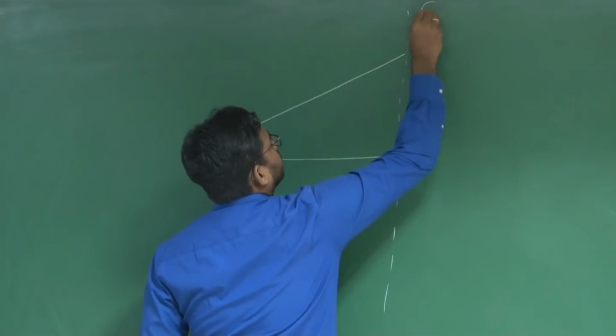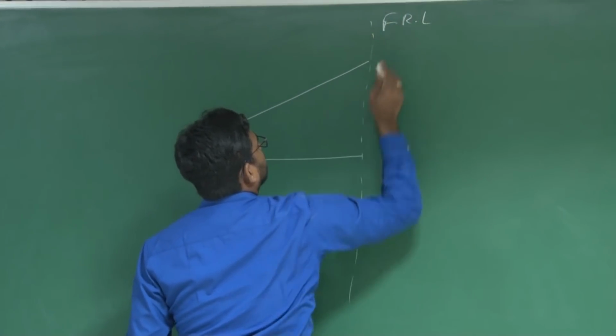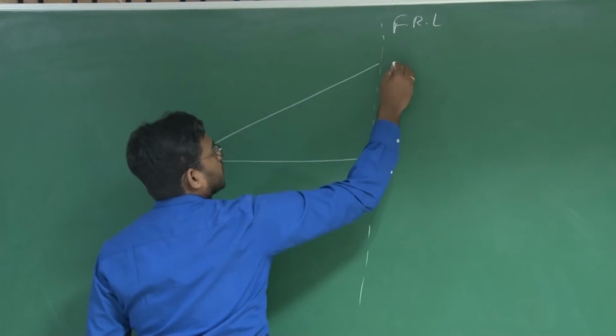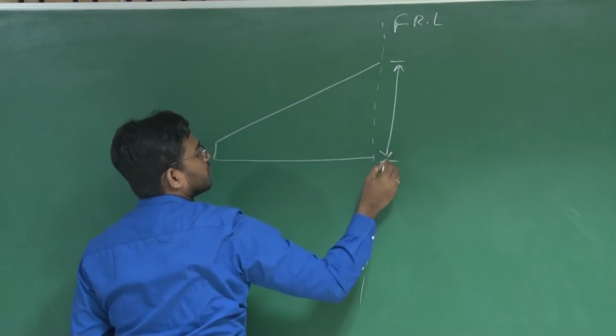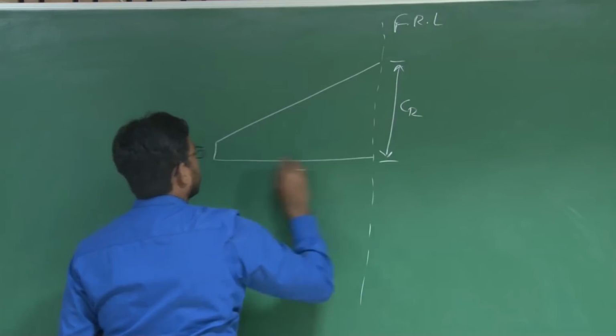Consider a fuselage reference line. Assume that this is a wing, a semi-span of a wing, and you have a root chord and a tip chord.